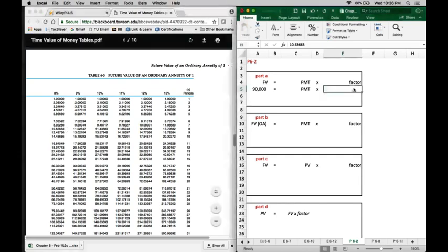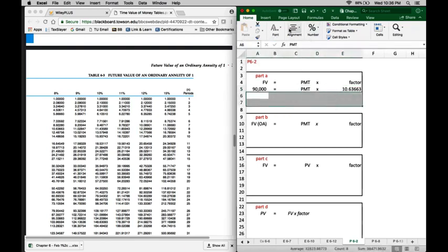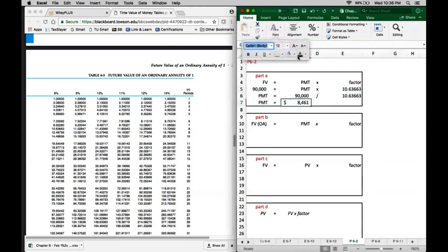I pull out that number over here, and that number is 10.63663. Now I have in the formula 3 variables, 2 are known, 1 is unknown. So I can rearrange the terms and solve for the unknown, which is the payment over here. And I calculate the payment to be, this is the final answer we are looking for over here.